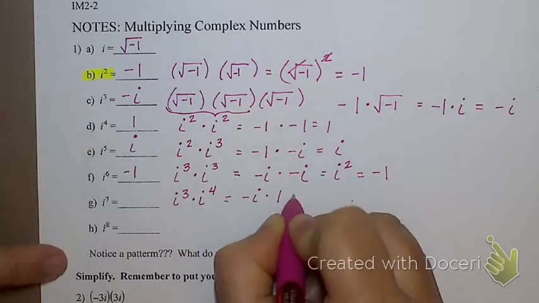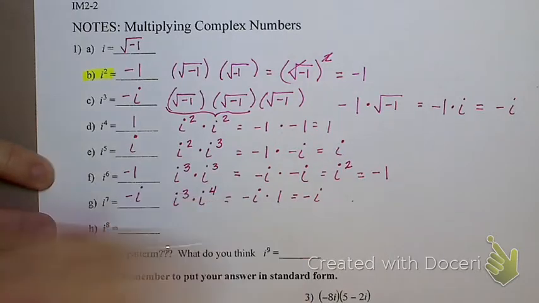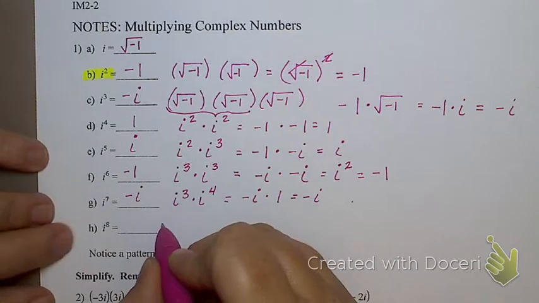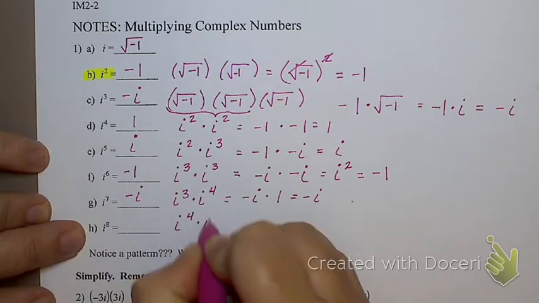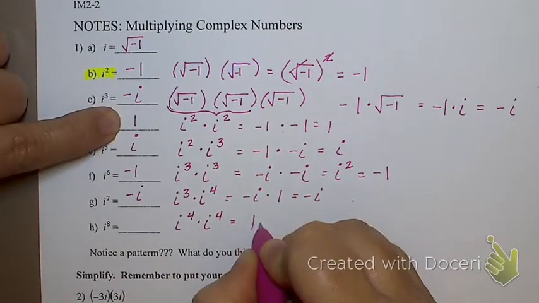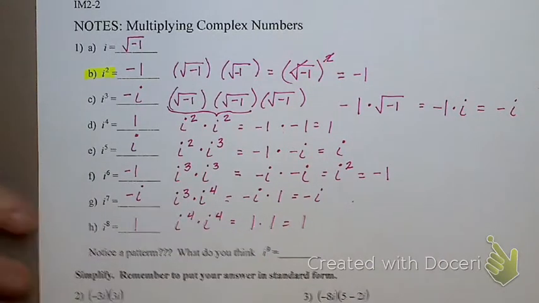And what's -i times 1? -i. i to the 8th, I'm going to do i to the 4th times i to the 4th. Yeah? That's 1 times 1, which is 1.